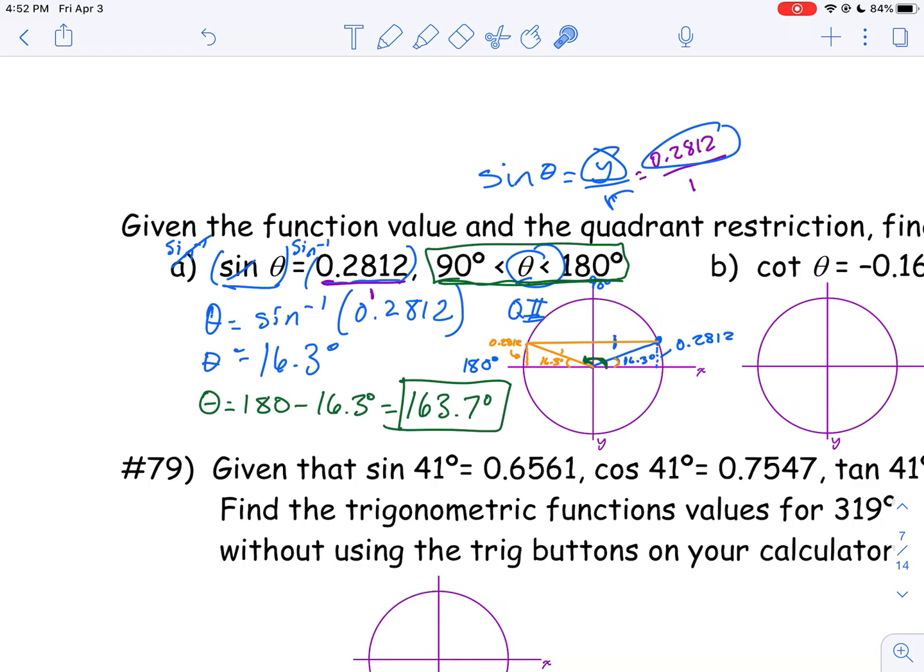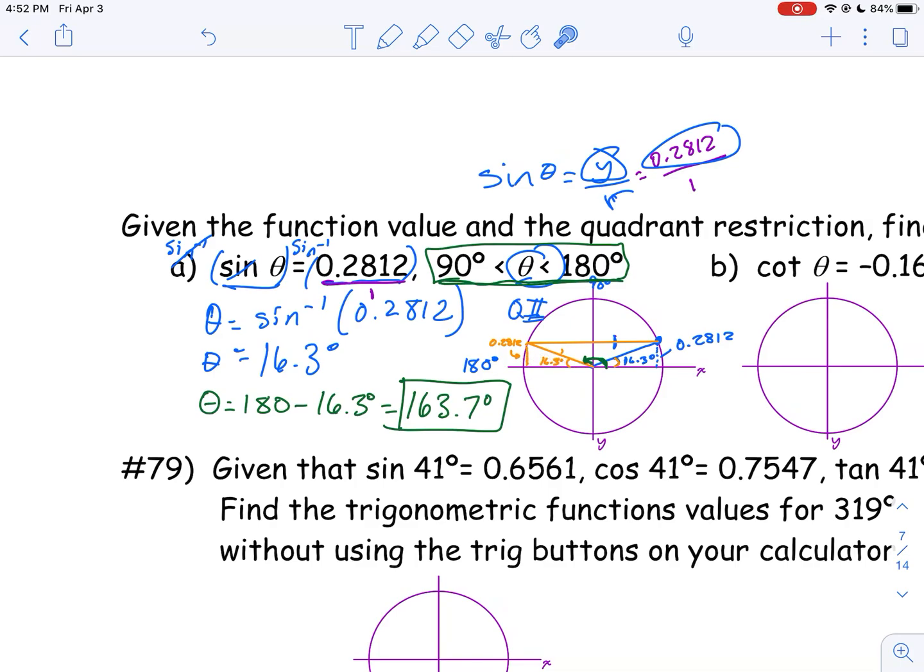A lot going on there. Think back to where we started. We started with sine of theta equals this. We then did the inverse sine to get the angle in the first quadrant, 16.3. We then had to find it in the second quadrant. We knew in the second quadrant y over r, we knew the y-coordinate here would be the same as the y-coordinate here.